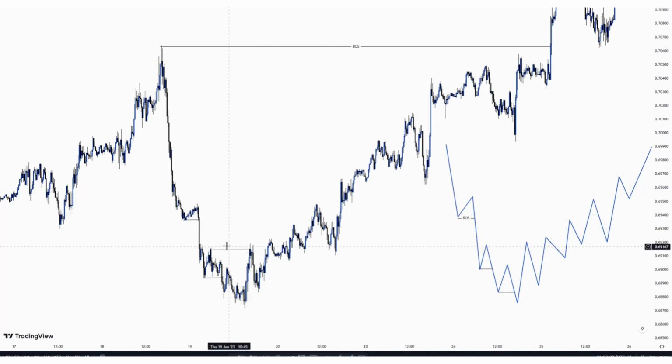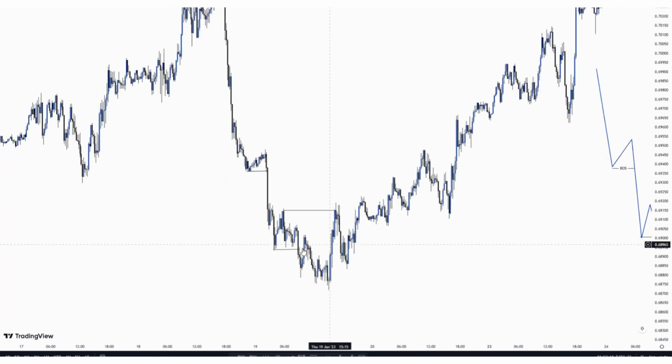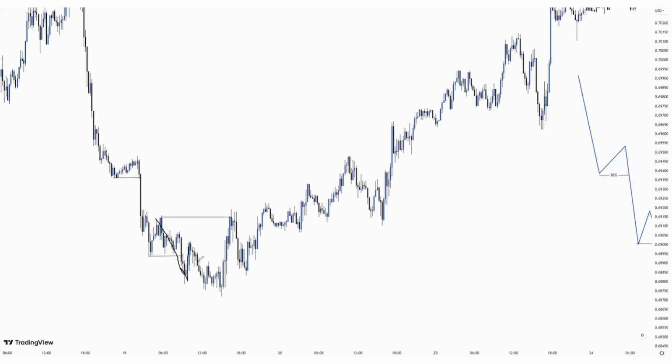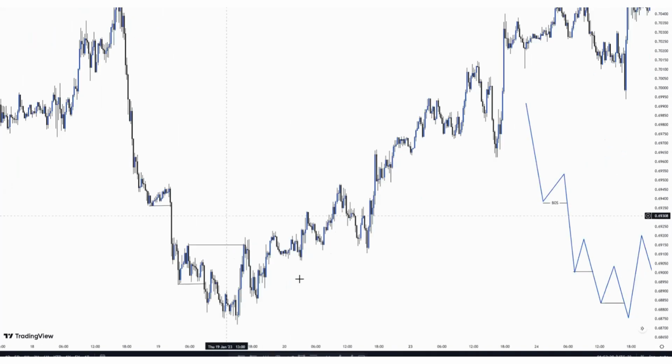Some people can say this was a drop, pullback, a drop, pullback, a drop, and call this a change of character, as long as you stick to the same rules. But personally, for now, let's just skip it there.